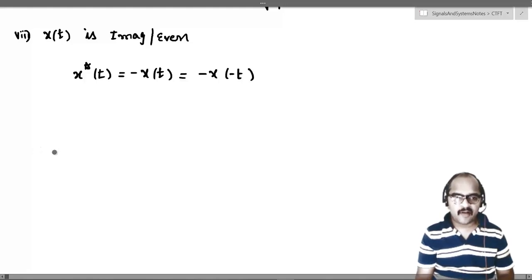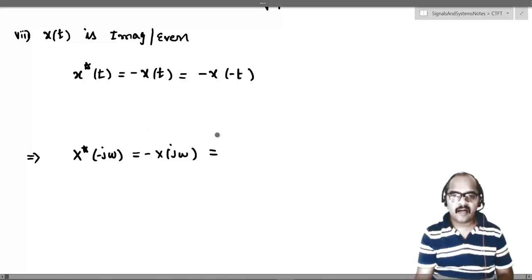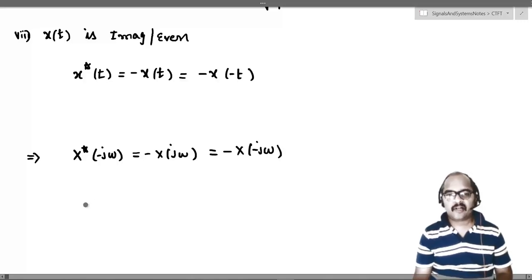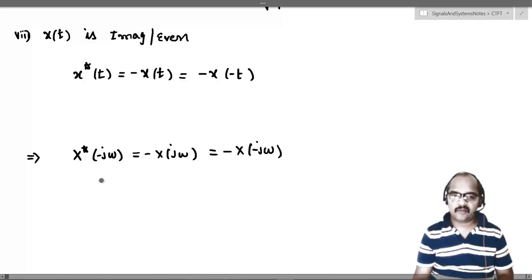So what will happen in the frequency domain here? X star of t will have x star of minus j omega, that is equal to minus x of j omega, and that is equal to minus x of minus j omega. That would be the corresponding Fourier transforms in the frequency domain.